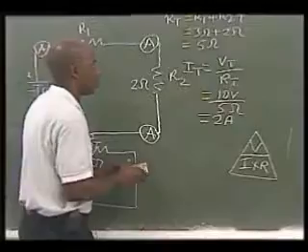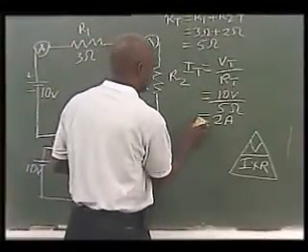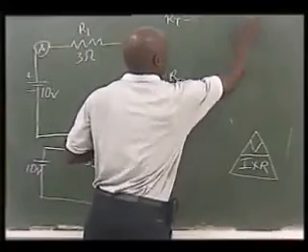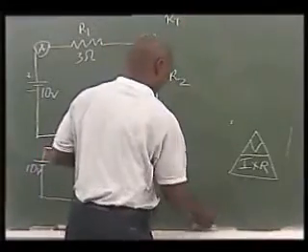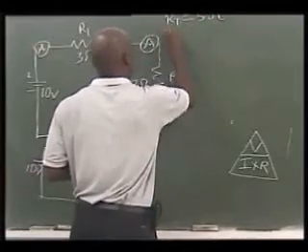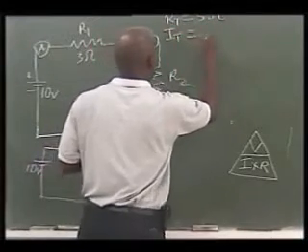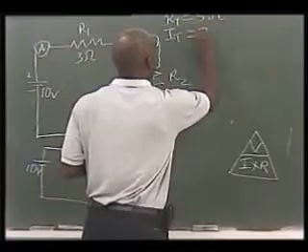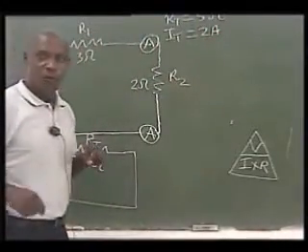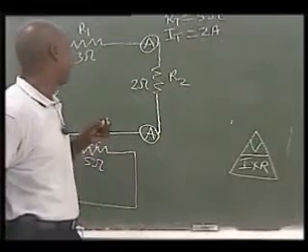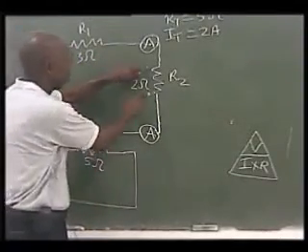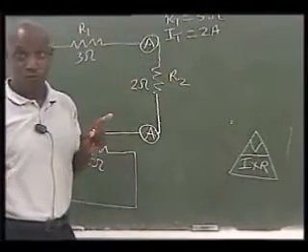Now that I know these, I'm going to just erase these. So we know the RT is 5 ohms, the IT is 2 amps, okay? Now, I would like to go ahead and find out what is the voltage drop across R1 and what is the voltage drop across R2.